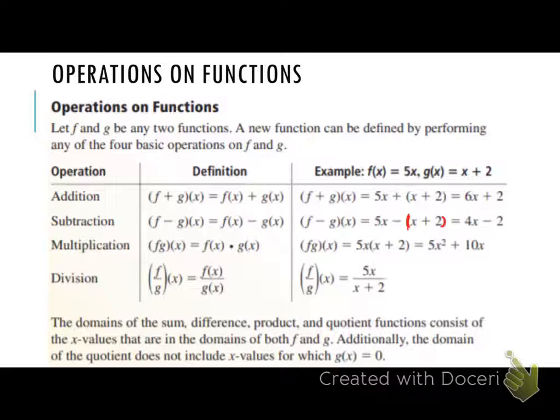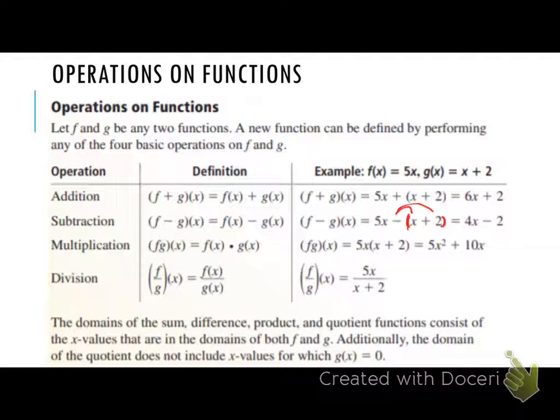It's going to distribute. If you don't put the parentheses there, you're going to forget to distribute. So I get 5x minus x, which is 4x, minus 2. Everyone see that? Don't forget your parentheses around that second function that you're subtracting from the first function. Questions on subtracting?